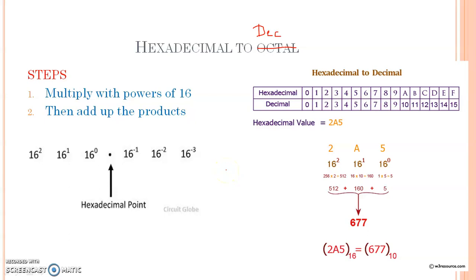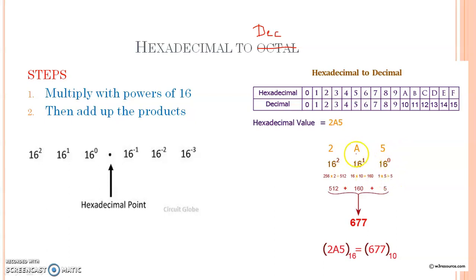Let's take an example. You have to convert 2A5 to the base 16 to decimal. How will you convert that? You have to convert by multiplying each digit with its weight. So 5 into 16 raised to 0 plus A into 16 raised to 1 plus 2 into 16 raised to 2. 16 raised to 0 is 1, so 5 into 1 is 5.